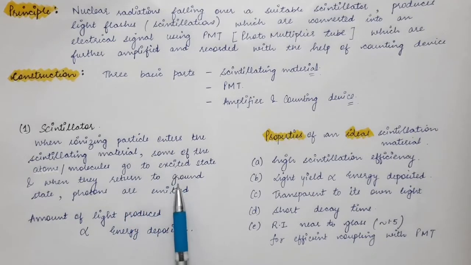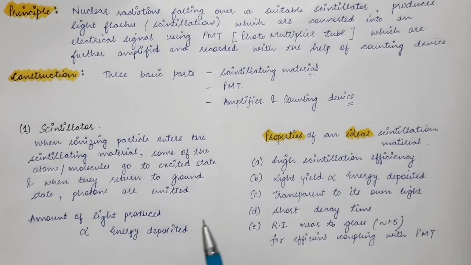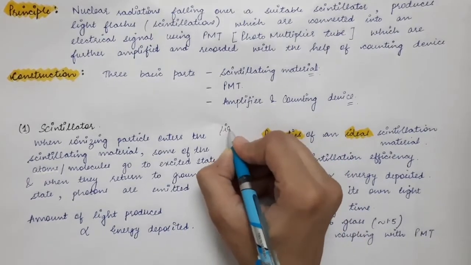The energy released in this de-excitation process could be in the form of thermal energy. That thermal energy is dissipated in the form of molecular vibrations in the case of a liquid or gas.